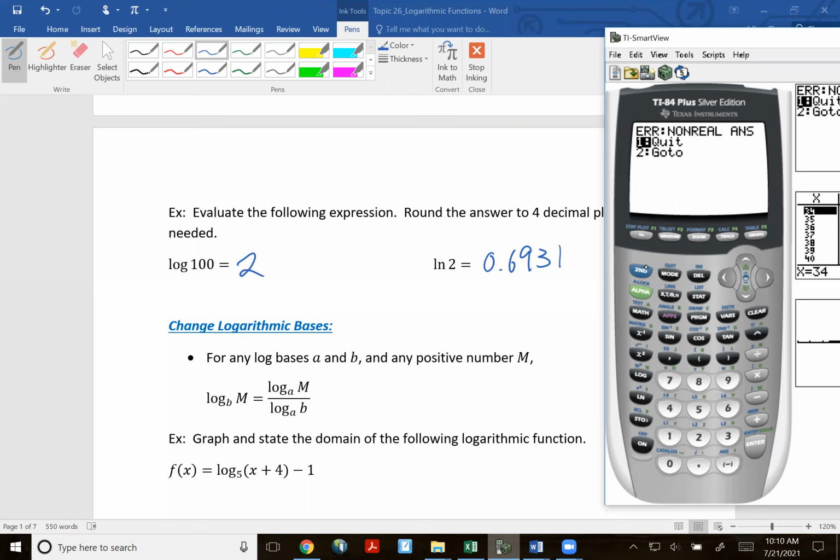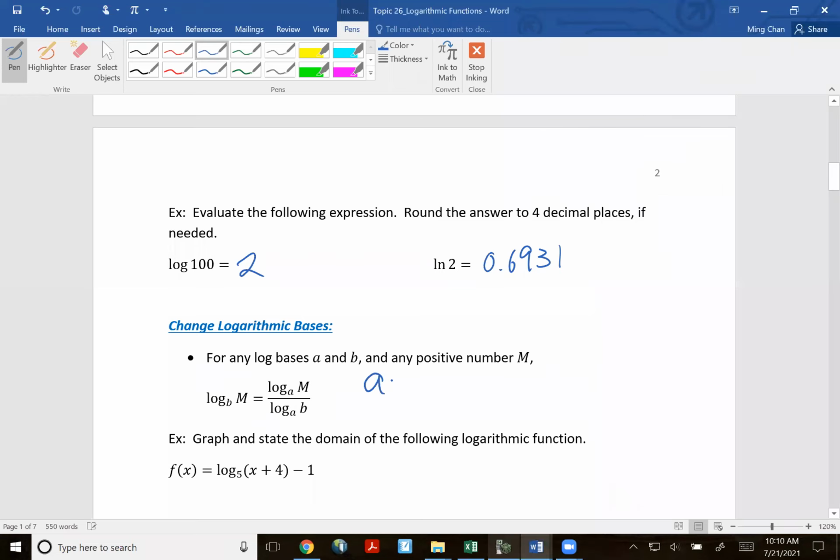You can only take log or natural log of a positive number. If you take a natural log of -2, it's going to say not a real answer. Base b can be any base, and the base a can be 10 or it can be base e. So if you have a log with base b of m, you can convert it into log with base a of m divided by log with base a of b.